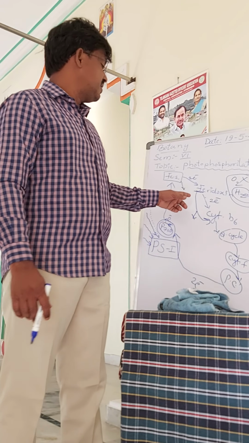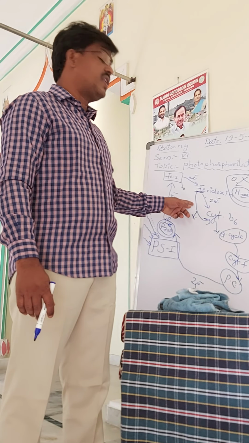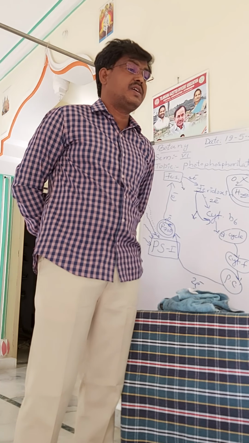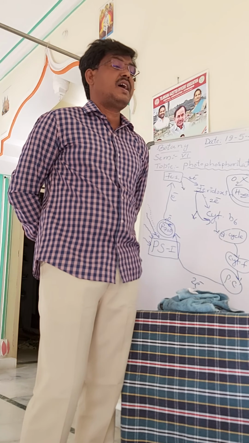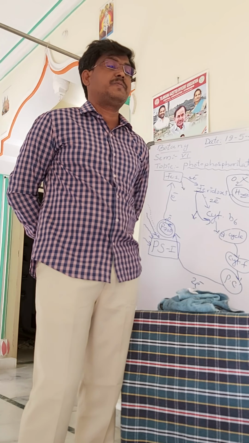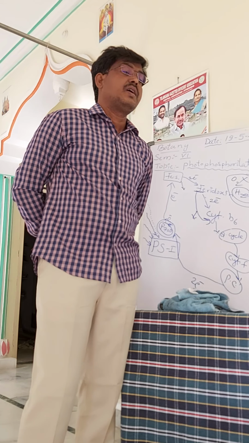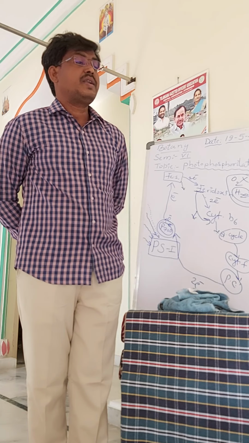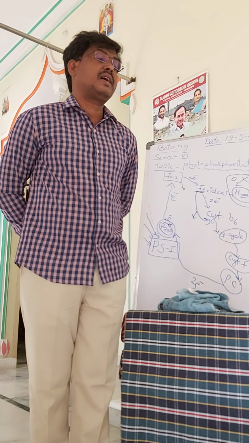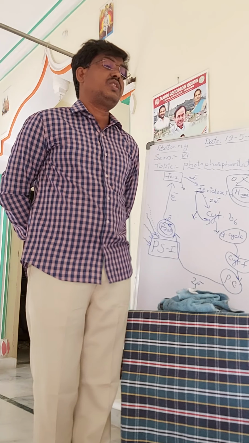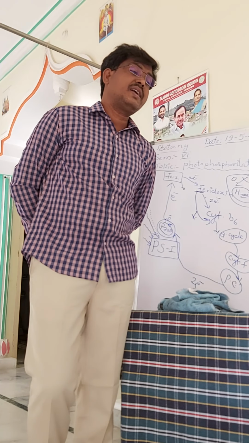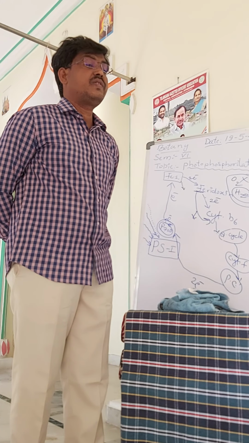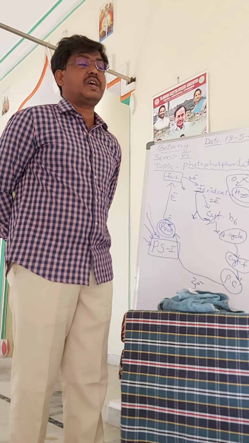This type of phosphorylation is called photophosphorylation. One ATP is synthesized in the electron transfer from the ferredoxin to the cytochrome B6, and one ATP is synthesized in the electron transfer from the plastoquinone to the cytochrome F.